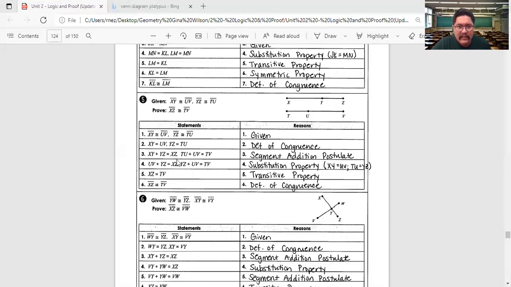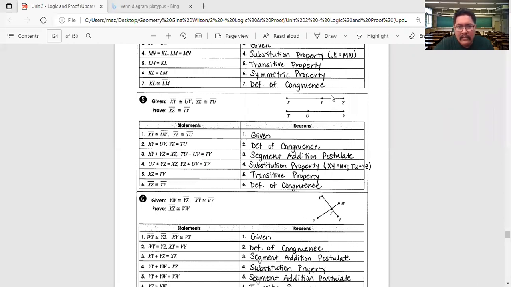Okay, so let's see what's going on between here and here. It looks like we start off with XY. They put in a YZ right here, and then they have an XZ here. And then over here we have TU plus UV equals TV. From here to here, sometimes there's not always a step, so let's look at what the diagram says.